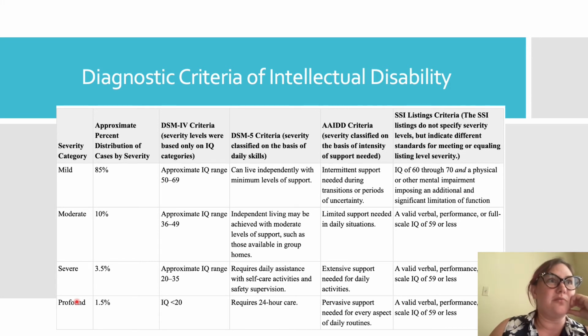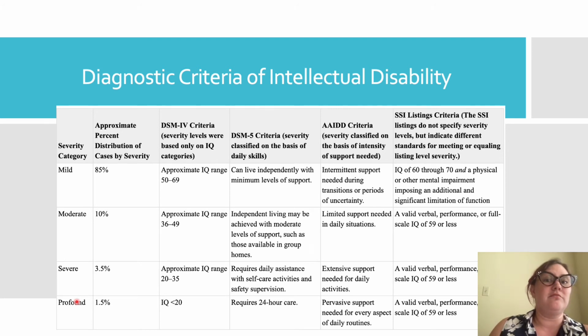It's beyond the scope of this video, but IQ tests have inherent flaws in them and can be very biased and can make certain groups of people seem to score as having intellectual disability when they really don't. So think about low income people who may be in schools that are not teaching students everything that they need to know.